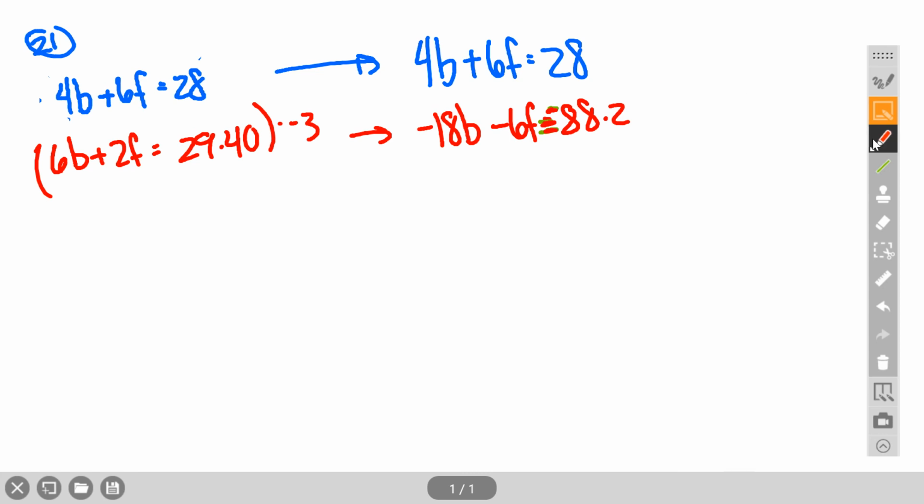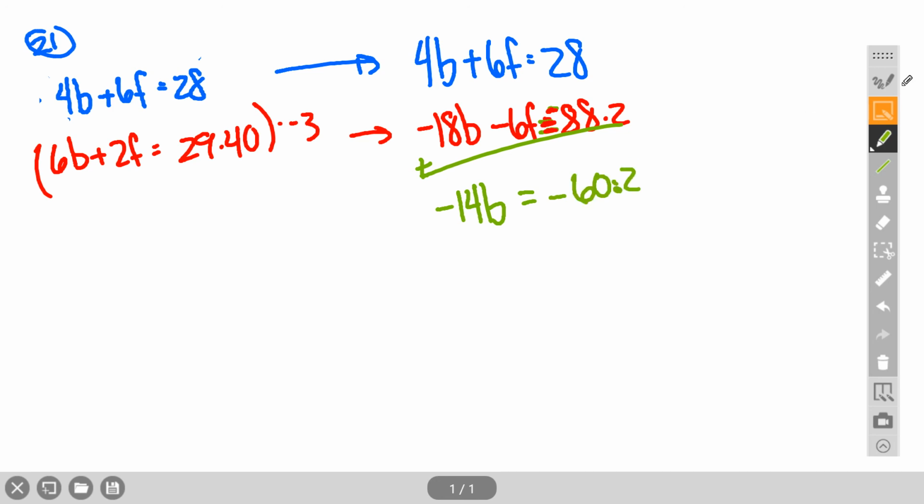Okay. All right, add these together. -14b, the f's cancel, the fries cancel, and then 28 minus 88.2 is -60.2.